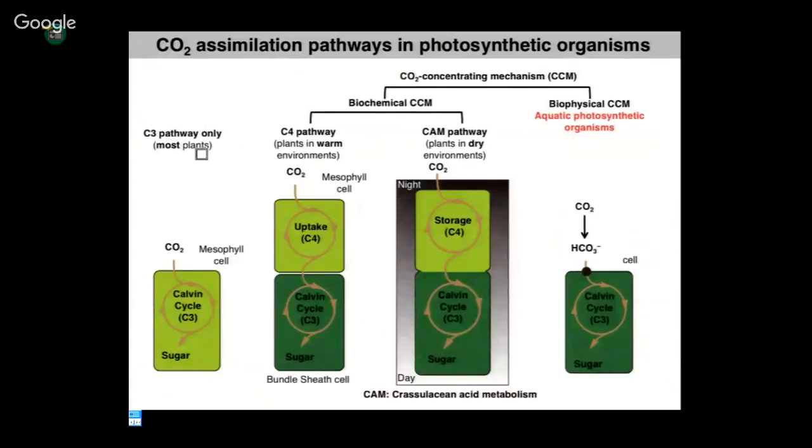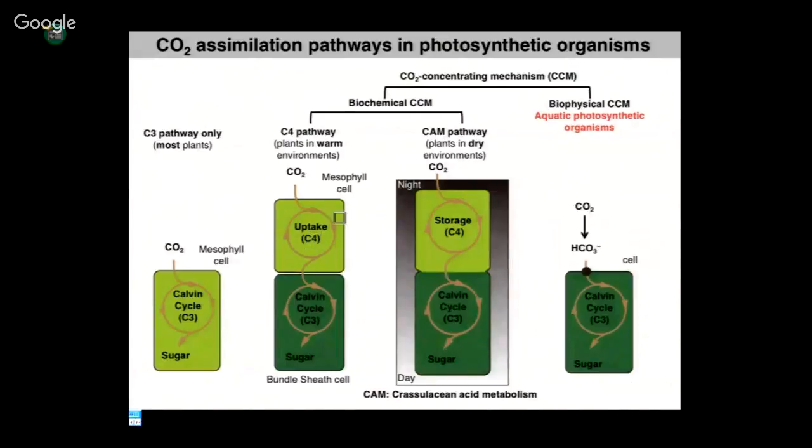They don't have any CO2 supplying system. In the case of sugarcane or maize, they have the C4 pathway, with different cell types, and fix carbon as malate or the like.